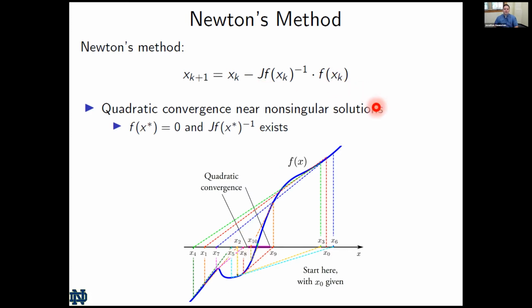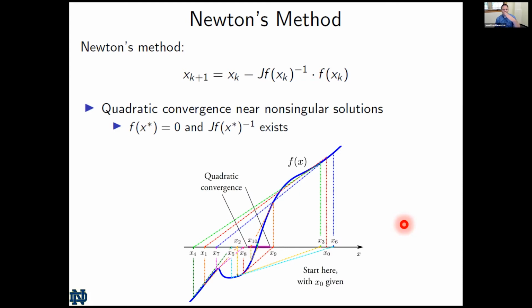So when you keep doing this operation, what you hope is that you converge to a solution. And what's well known is that locally near a solution, you're going to have a region of quadratic convergence, as long as, of course, the slope of the tangent line isn't 0.